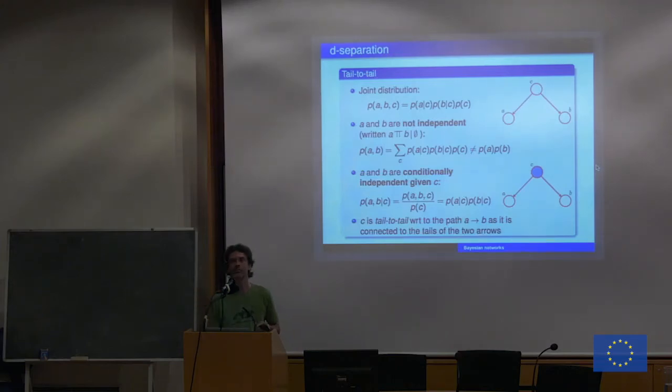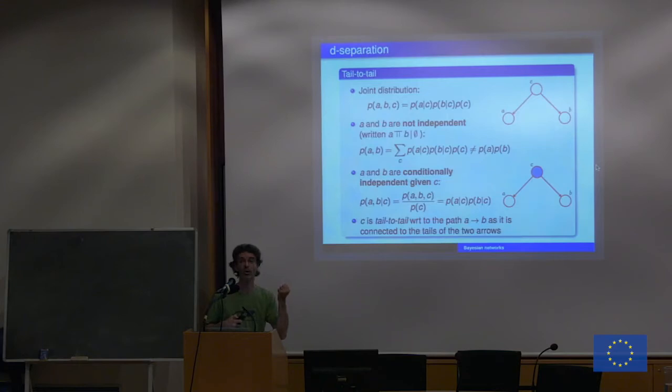Yes? Is it true that you can associate the lack of an edge with conditional independence here? Well, if you have an edge, for sure you have that dependency, okay? Because if two variables are connected with an edge, they are dependent. But the lack of an edge tells you only that they could be independent, but whether they are independent or conditionally independent depends on the structure.